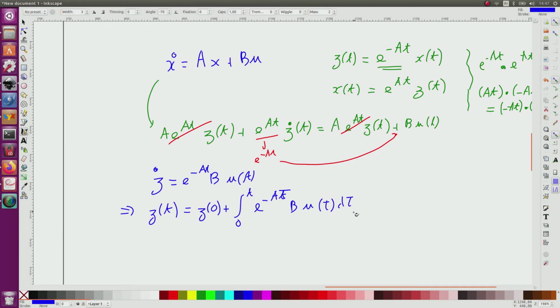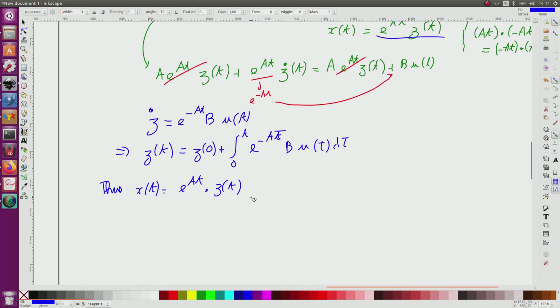Okay, so let me come back to x. x of t is equal to this exponential At times z of t, where z is given here. So I will develop.